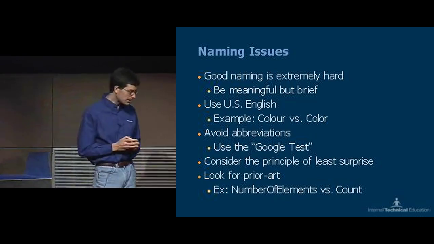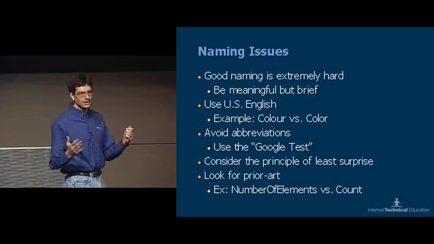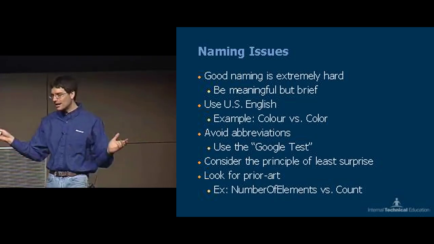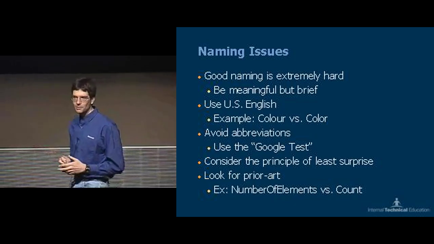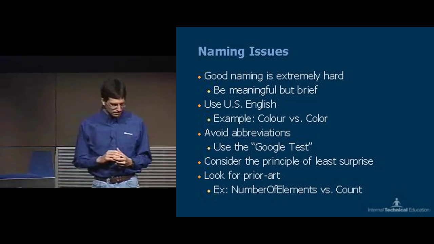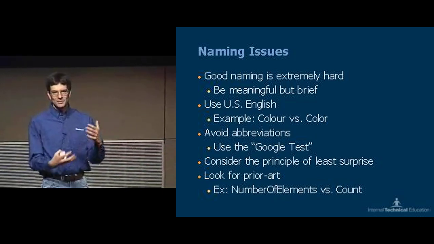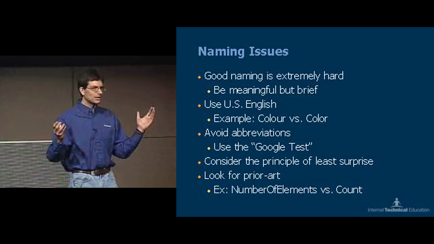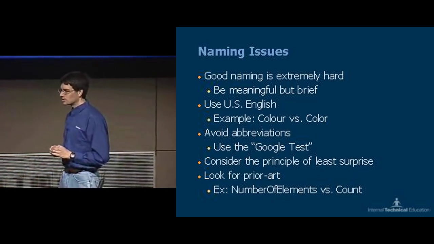One point is to use U.S. English where there's some kind of debate. I realize we live in a worldwide culture. We localize Visual Studio to 20-some languages. We have developers all over the planet. I got that, but we have to pick one consistent naming and spelling style, so we kind of arbitrarily picked one and went with U.S. English.